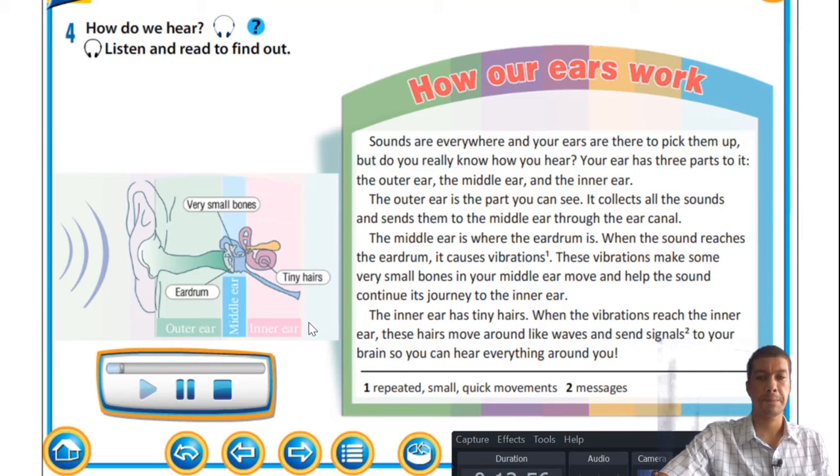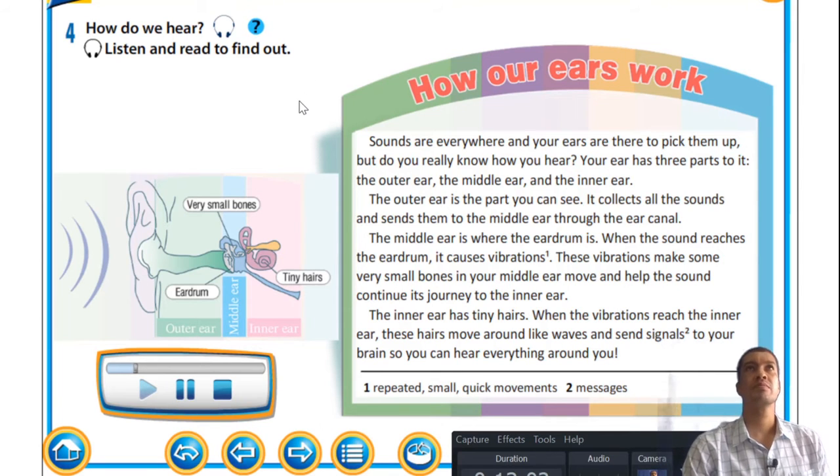How our ears work. Sounds are everywhere, and your ears are there to pick them up. But do you really know how you hear? Your ear has three parts to it: the outer ear, the middle ear, and the inner ear. The outer ear is the part you can see. It collects all the sounds and sends them to the middle ear through the ear canal.